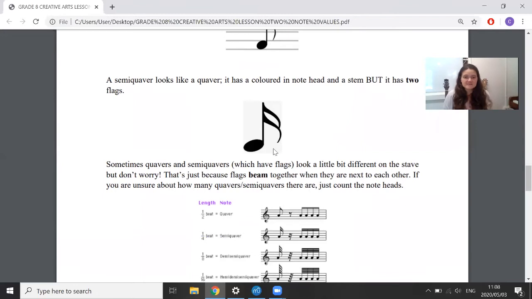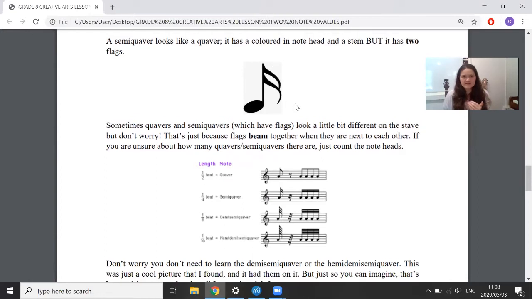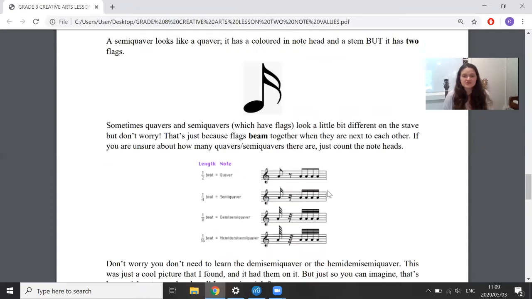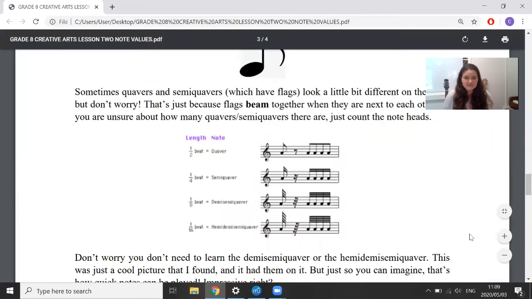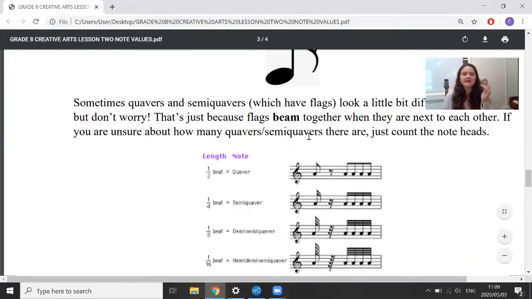Now sometimes, and this can get a little confusing, you don't recognize our quavers and our semi-quavers, because sometimes in the music they do look quite different. Have a look here. When we have notes that have flags, so our semi-quaver and our quaver, they beam, and this is a new word that you need to learn.